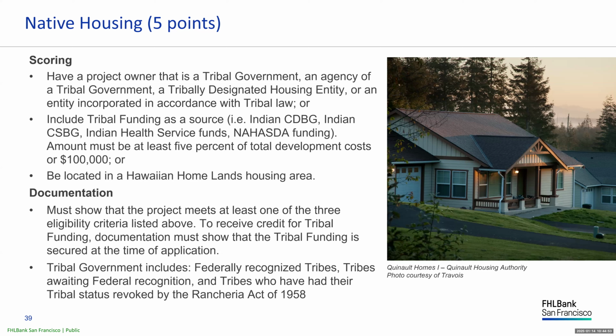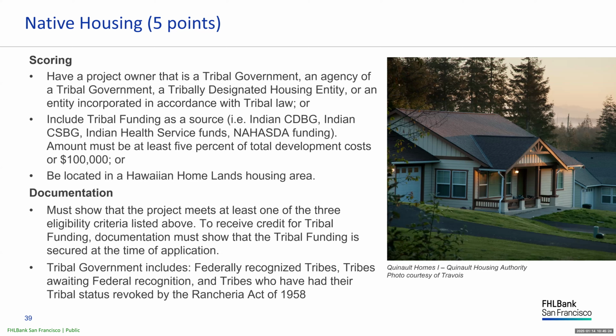This year, we also expanded who can qualify for a tribal government to include tribes awaiting federal recognition and California tribes who have had their tribal status revoked by the Rancheria Act of 1958. Alternatively, you can get points if the tribal funding is included as a source of funding for the proposed project, such as Indian CDBG, Indian CSBG, Indian Health Service funds, or NAHASDA funding.